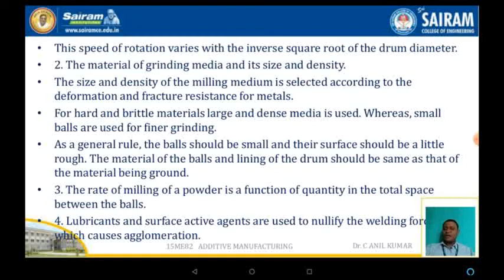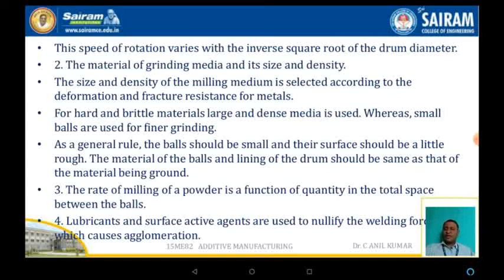For hard and brittle material, large and dense media is used, whereas small balls are used for finer grinding. As a general rule, the balls should be small and their surface should be only slightly rough.